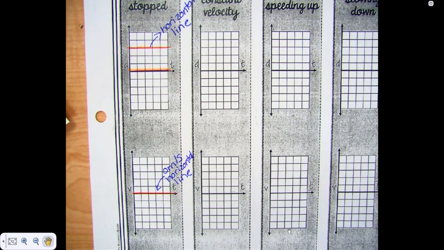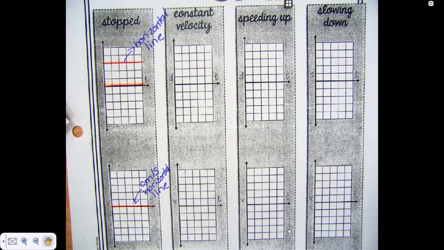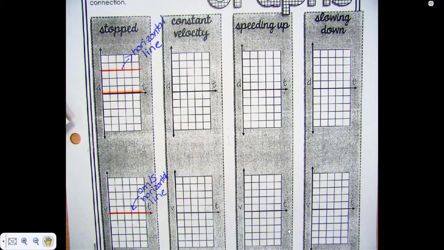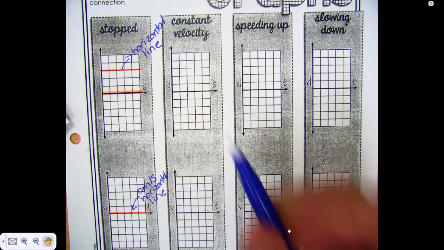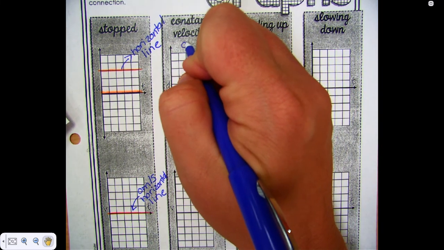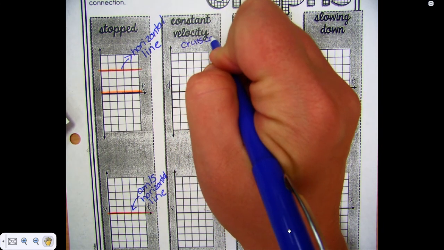If the distance does not change, the object would be stopped. Okay? Going to a constant velocity. A constant velocity means I am on cruise control. So cruise control.